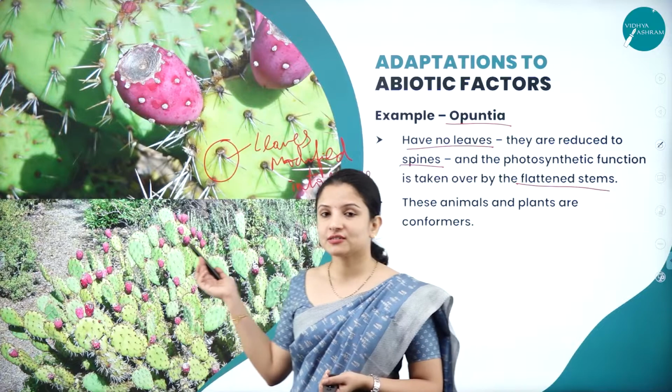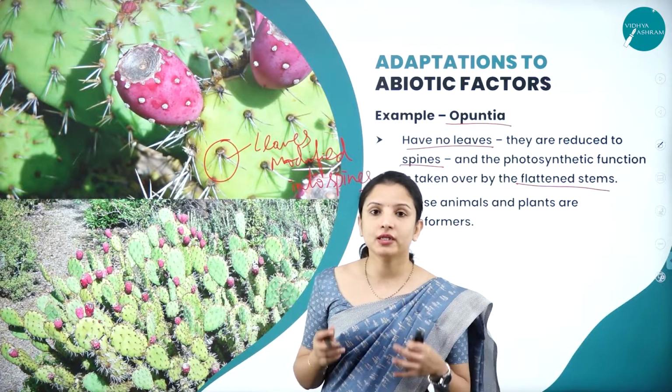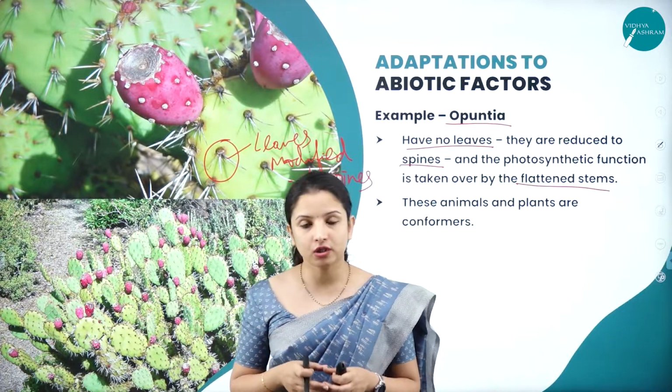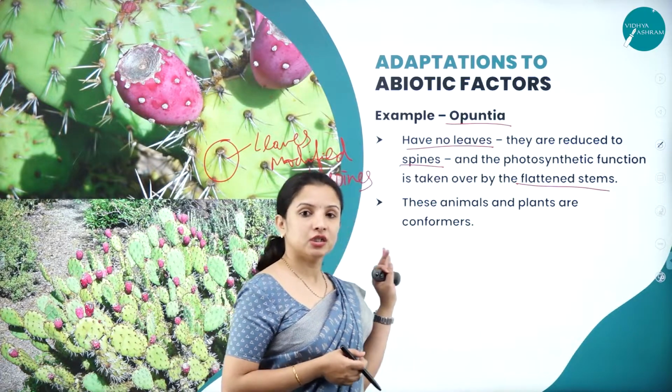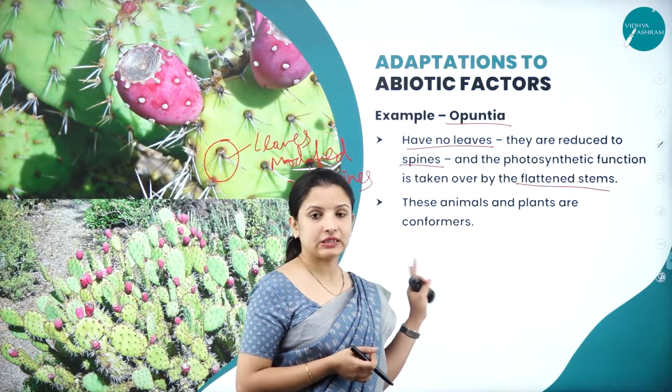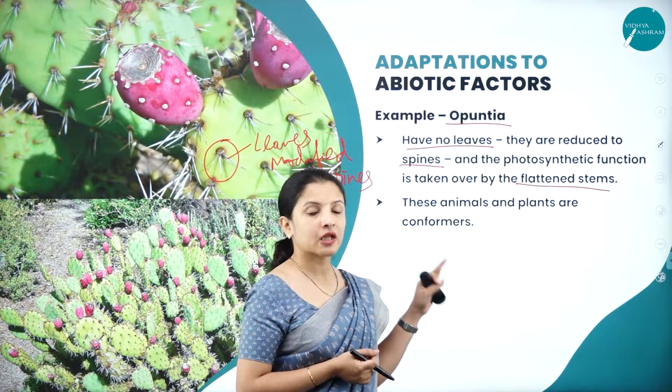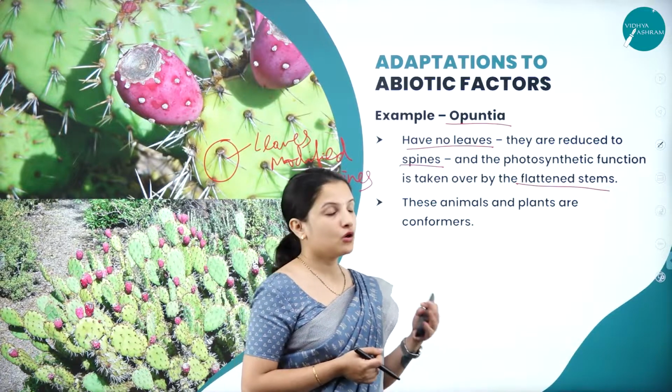These fleshy stems not only store enough water, but also help in photosynthesis, since the leaves are modified into spines in order to prevent the loss of water.